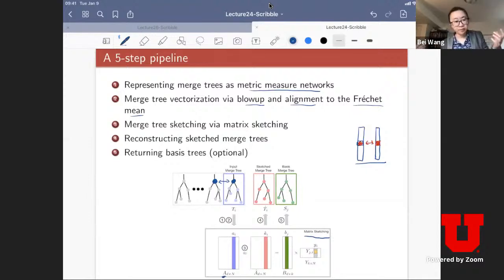And then steps 4 and 5 basically say that now I have factored my matrix, where A is approximated by A hat, which is approximated by B times Y. Then for each column of B and each column of A hat, I can convert the high dimensional vector back to a tree representation.